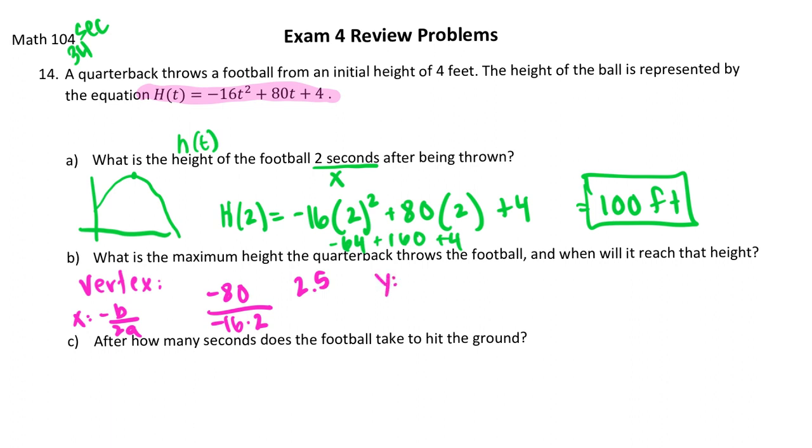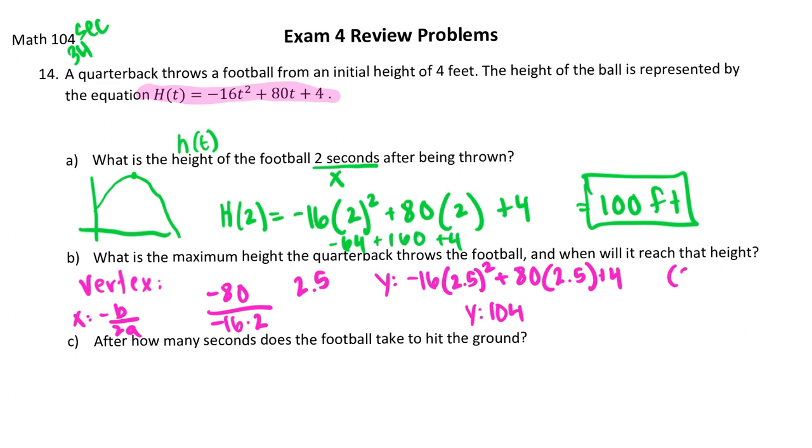To find the y value of our vertex, we're just going to plug that 2.5 in for our t, or whatever variable we have, plus 4. I calculate that out, and that's 104.